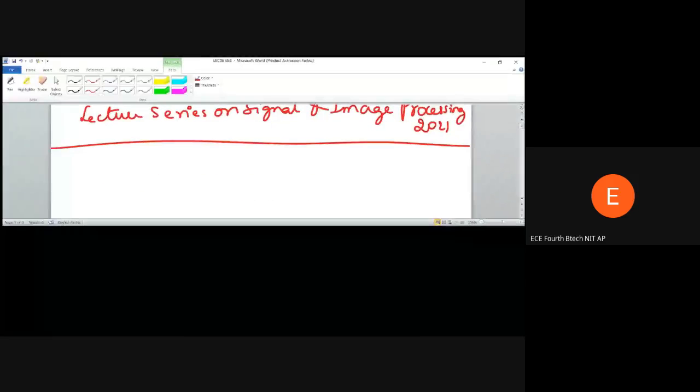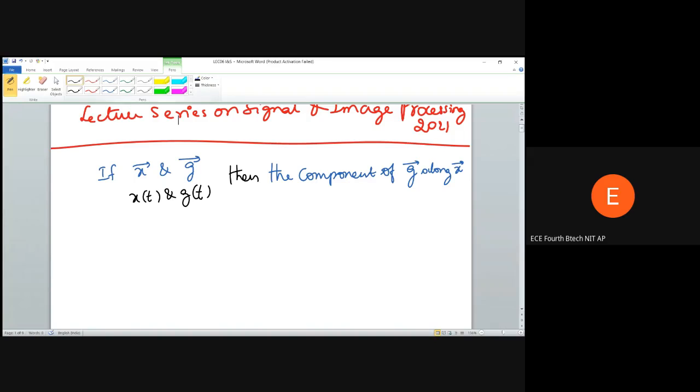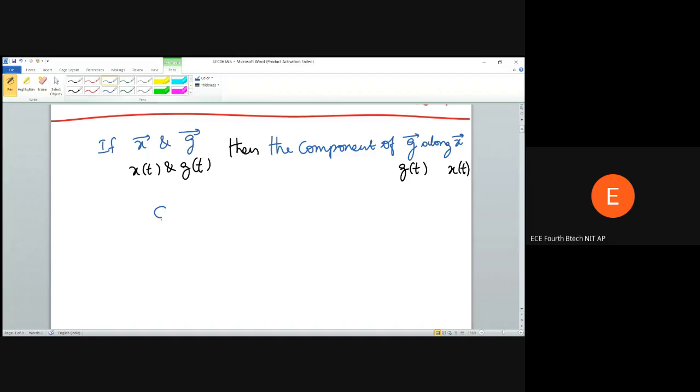If x bar and g bar, or more specifically x of t and g of t in the signals perspective, are two vectors, then the component of g bar along x bar, that is g of t along x of t, we define as c, which is equal to g bar dot x bar divided by mod x bar whole square, that is x bar dot x bar.